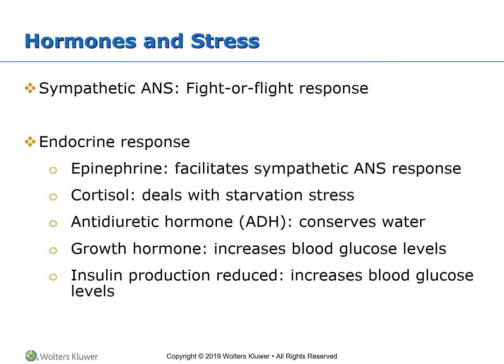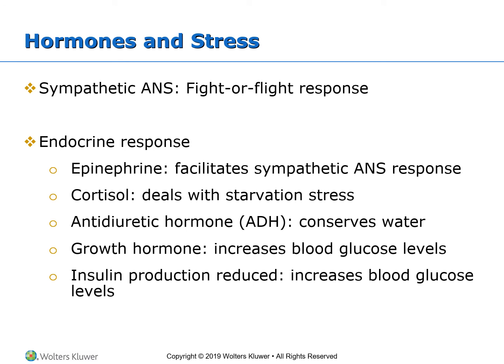Once the sympathetic nervous system is activated, it will activate the endocrine response and the stress hormones. Epinephrine will stimulate the heartbeat and produce bronchodilation, so more oxygen will reach the tissues. Cortisol will increase the level of glucose in the blood and also increase the blood pressure.